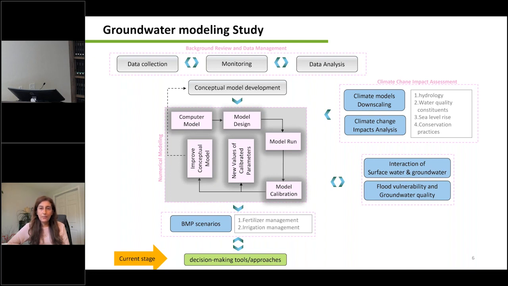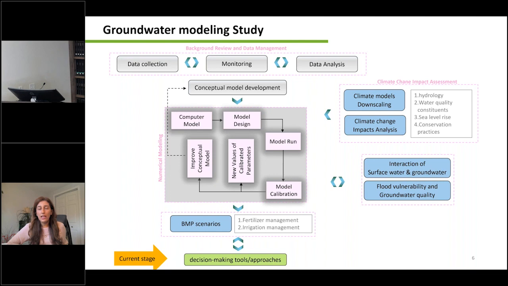But there are some interesting future studies that we could develop using this existing verified numerical tool. For example, we can use this model, which has been verified for the areas of Central Florida, to look at climate change impact assessments.